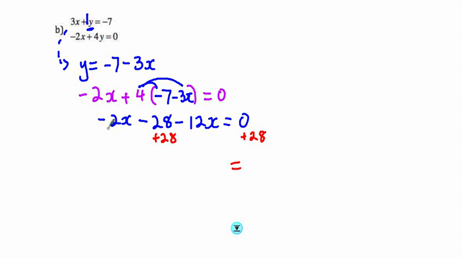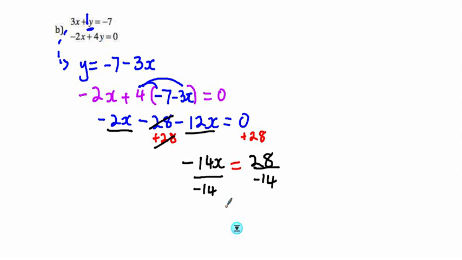So minus 2x minus 12x gives me minus 14x, and on the right hand side I have 28. Of course the 28's on the left hand side cancel, and then as per usual I'll divide by the unwanted coefficient, and this gives me my x value of minus 2.